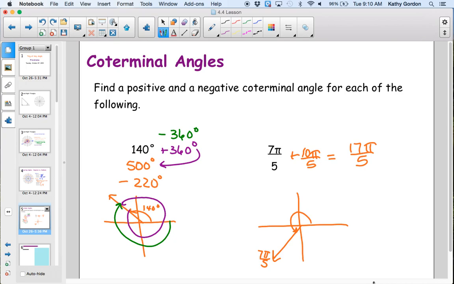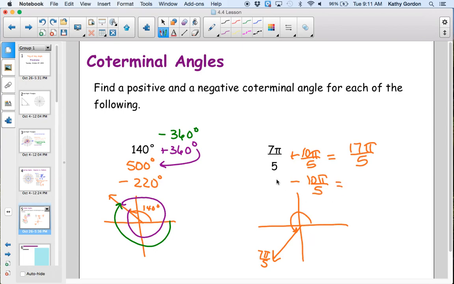What would I do for negative? You subtract. Yeah, we're just going to subtract the 10 pi over 5.